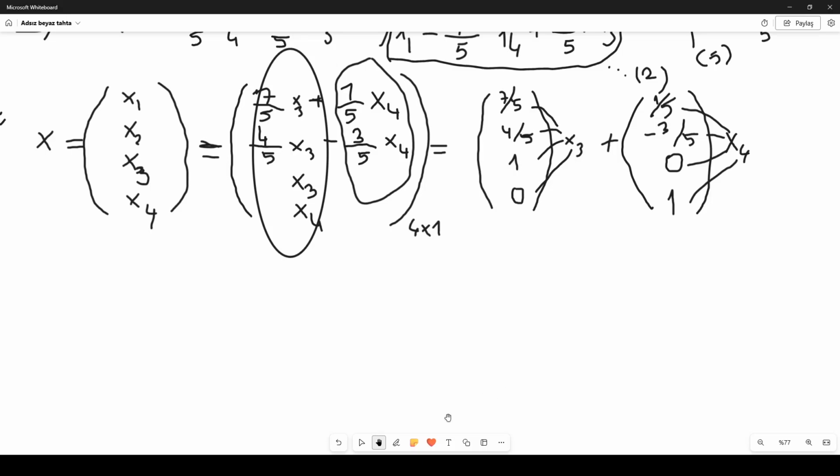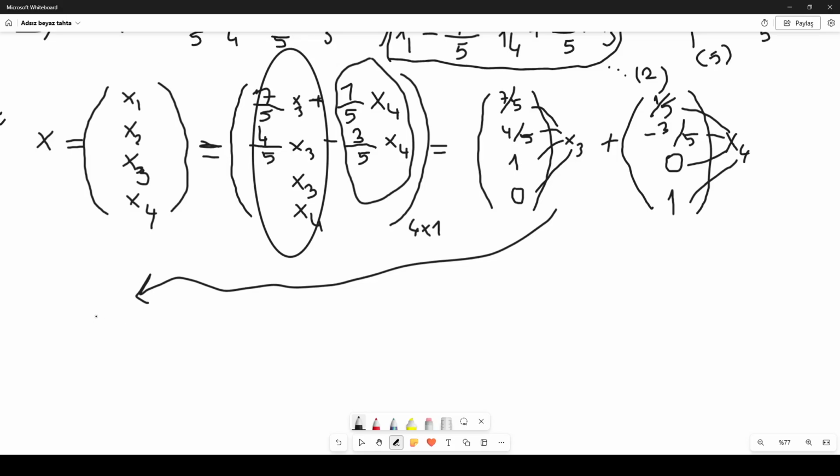And what we have found here is what is called the general solution of the system. One thing before ending this lecture, guys: we have two free variables here, but what if we had many more free variables? Doesn't matter.